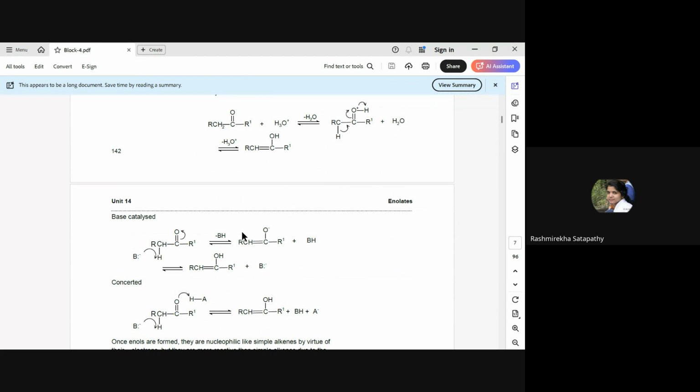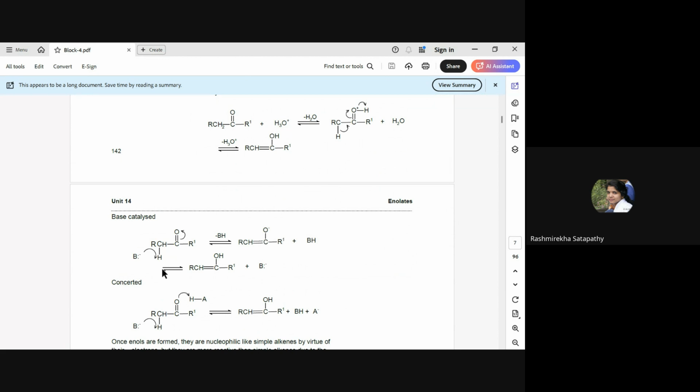This is a base catalyzed reaction. If there is a base, this is the ketone, and the base takes this alpha hydrogen. Then the double bond forms here, and the carbonyl double bond moves to the oxygen, and the oxygen gets the negative charge.